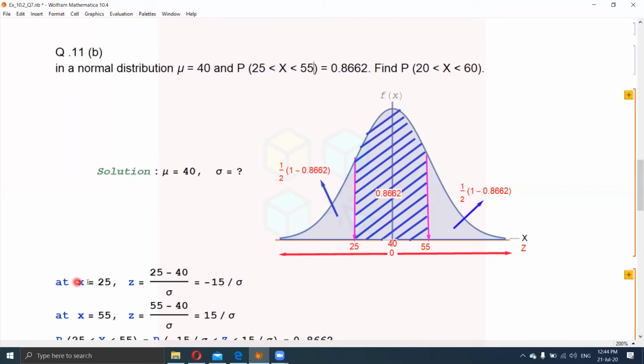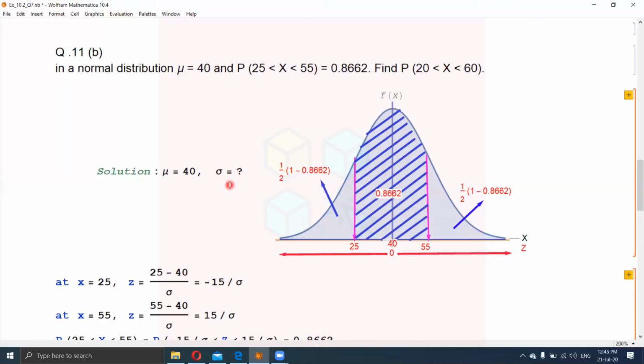Now we will obtain the equation in which the probability of the left tail is given, and using this value we will find sigma first, because mu is given and sigma is unknown. In the first step we will find the value of sigma.